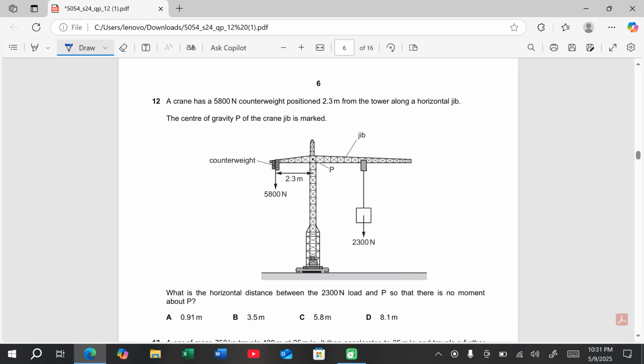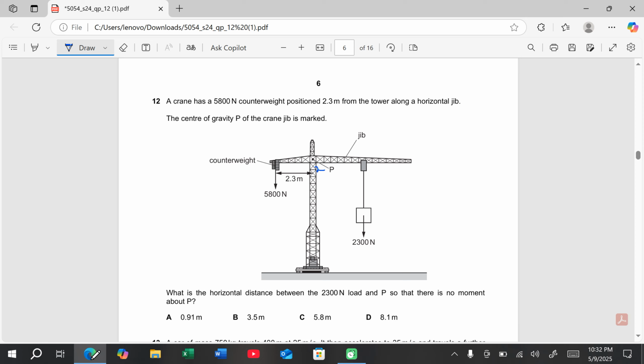A crane has a counterweight positioned 2.3 from the tower along this. The center of gravity of the jib is marked. What is the horizontal distance between 2300 Newton and P, so that there is no moment about P? That's easy.